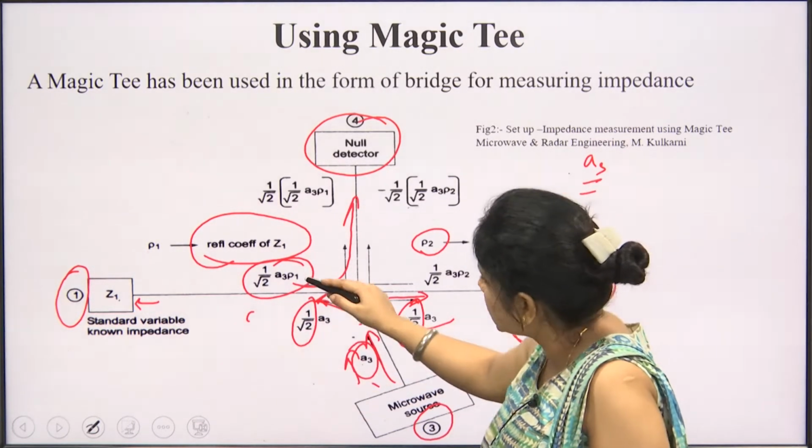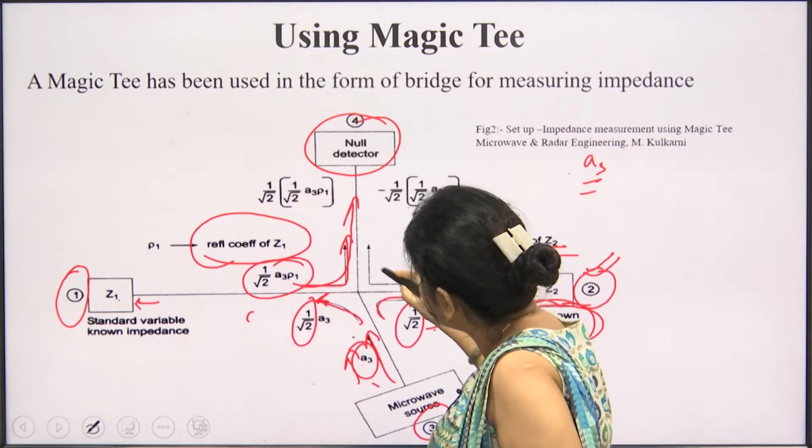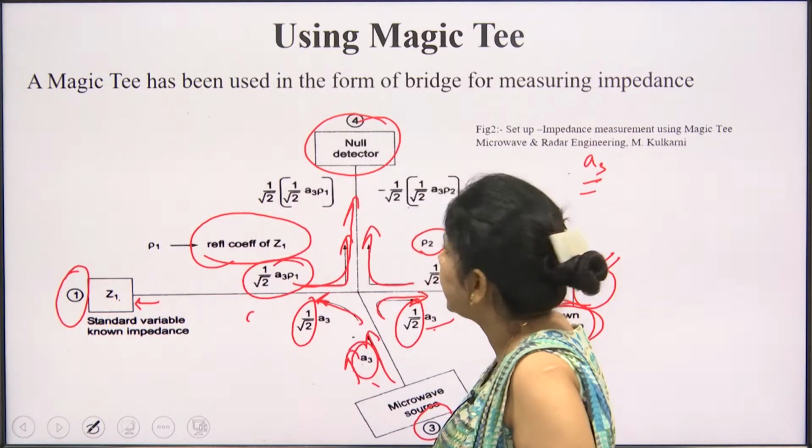Now this power is transferred to the null detector.